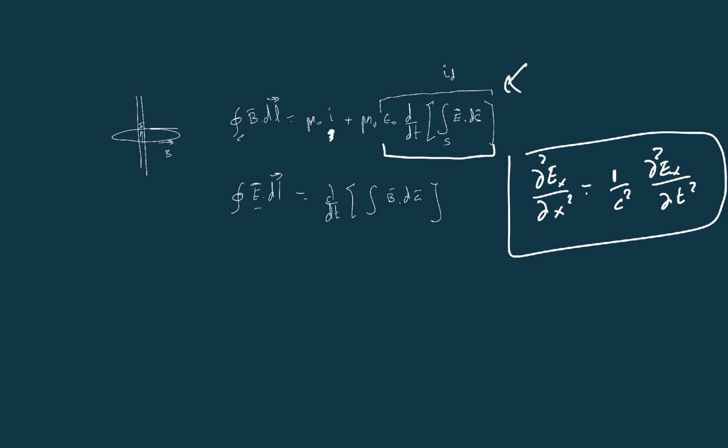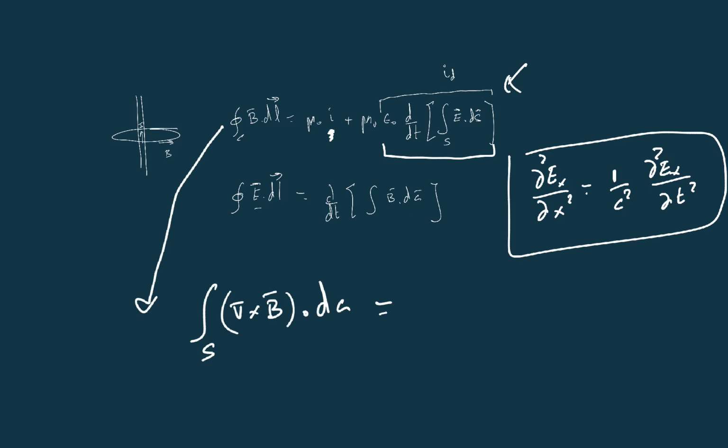So how do we write this equation in differential form? We will transform this line integral into the integral over a surface S of the curl of B scalar dA by Stokes theorem.